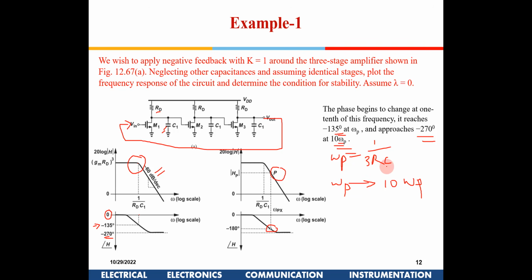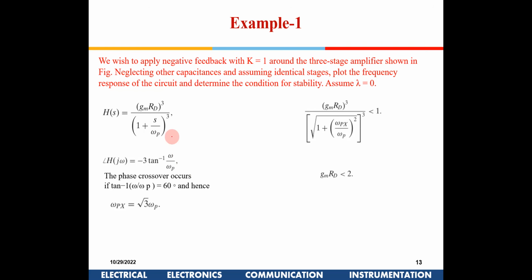Omega p will be 1 by 3 RC, right? At 10 omega, it will be 1 decade. So somewhere there could be a chance of this getting to 180 degree. So you have to ensure that the gain has to be less than 1. So that is done here.